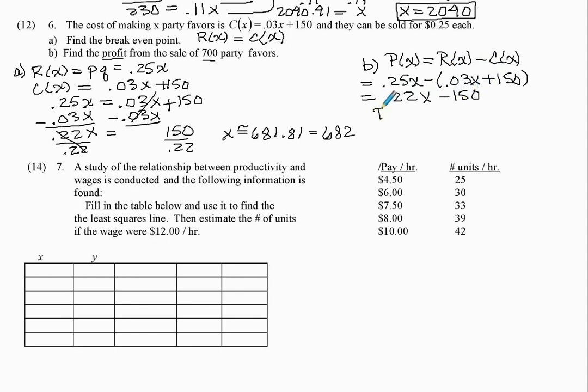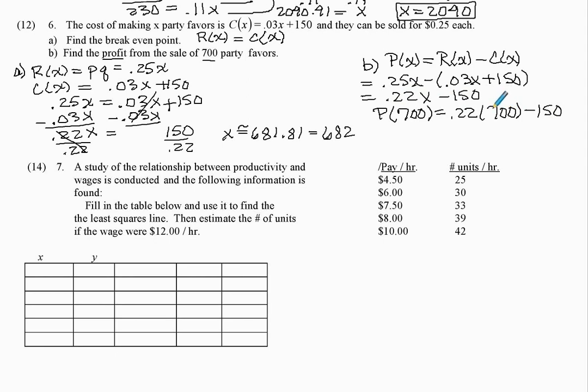So then the profit from 700 is going to be plug in 700 for x right here. So that's going to be 0.22 times that 700 and then minus 150. So this is the profit function, 0.22x minus 150, and then this is the profit from 700.